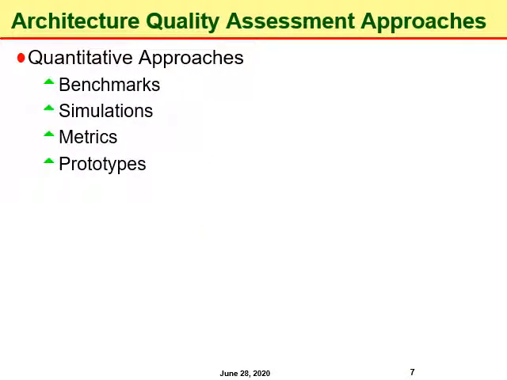Then quantitative approaches for quality assessment of architecture. These approaches include, for example, benchmarks, simulations, metrics, and prototypes. So, benchmarks. In benchmarking, a system is executed by running a number of standard tests or trials to assess the relative performance.